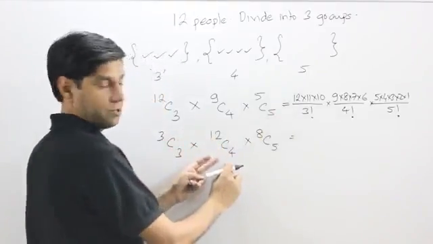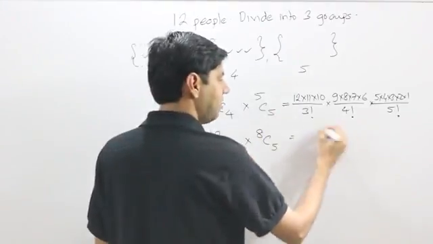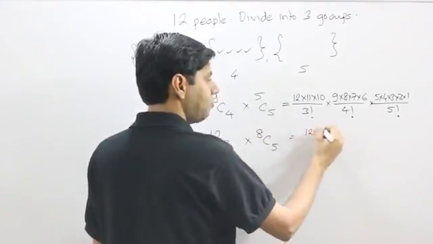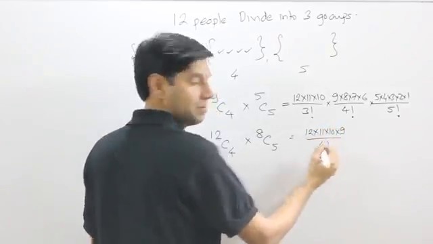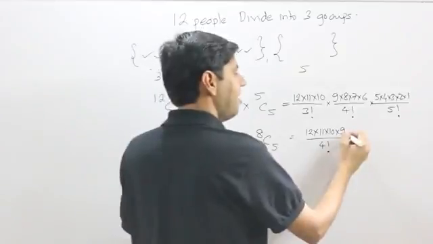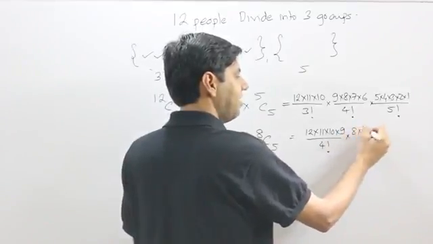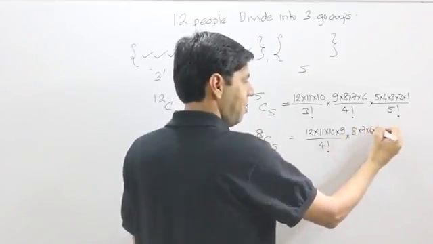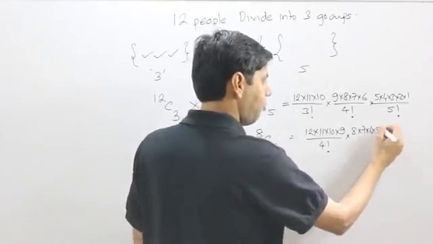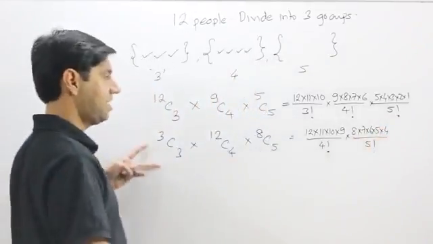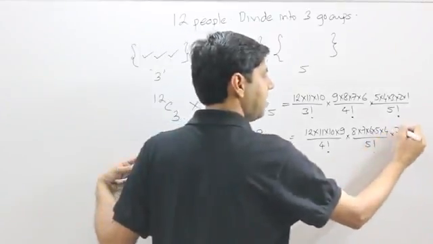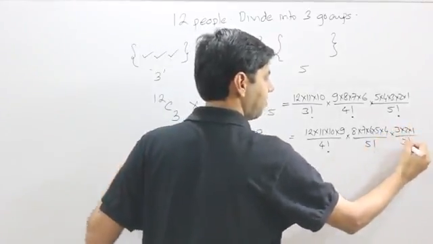How about the second expression? Let me start with the 12C4 the way we started. So 12C4 is going to be 12 into 11 into 10 into 9 by 4 factorial. 8C5 is going to be 8, 7, 6, 5, 4 by 5 factorial. 3C3 is just 3, 2, 1 by 3 factorial.